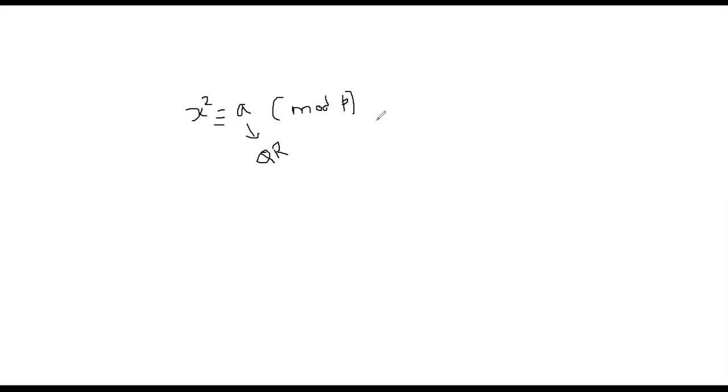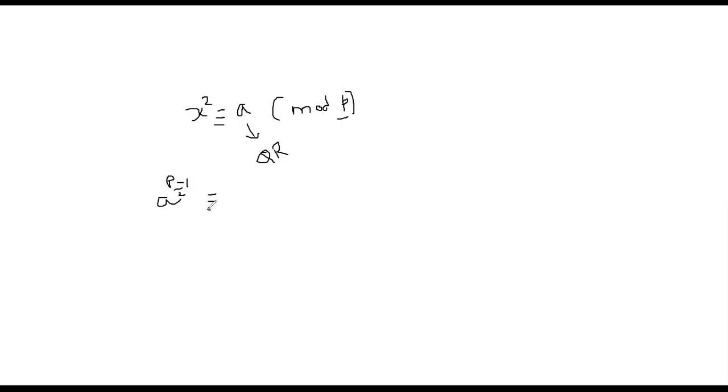So let's recall Euler's criterion. We have been talking about Euler's criterion in the past, so I will quickly recall that. If p is a prime and a is a quadratic residue, then we learned that a power (p minus 1)/2 is congruent to 1 mod p.